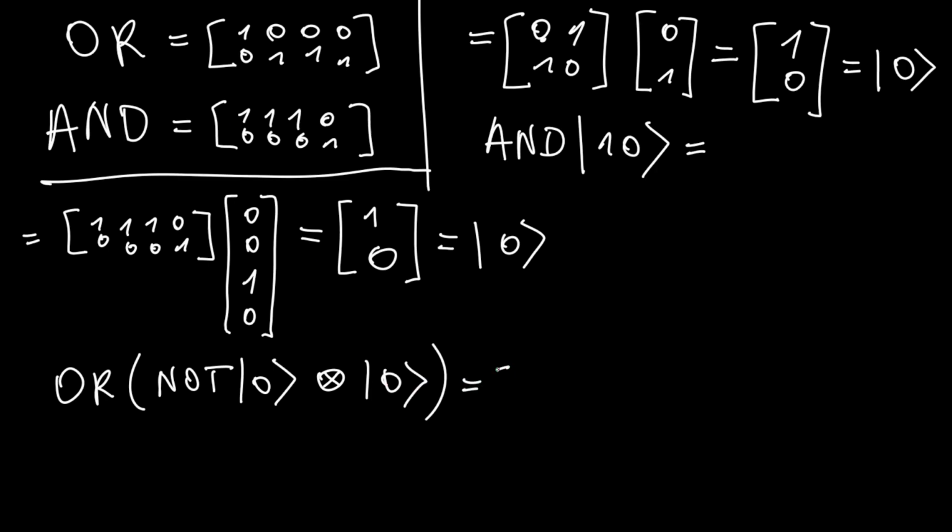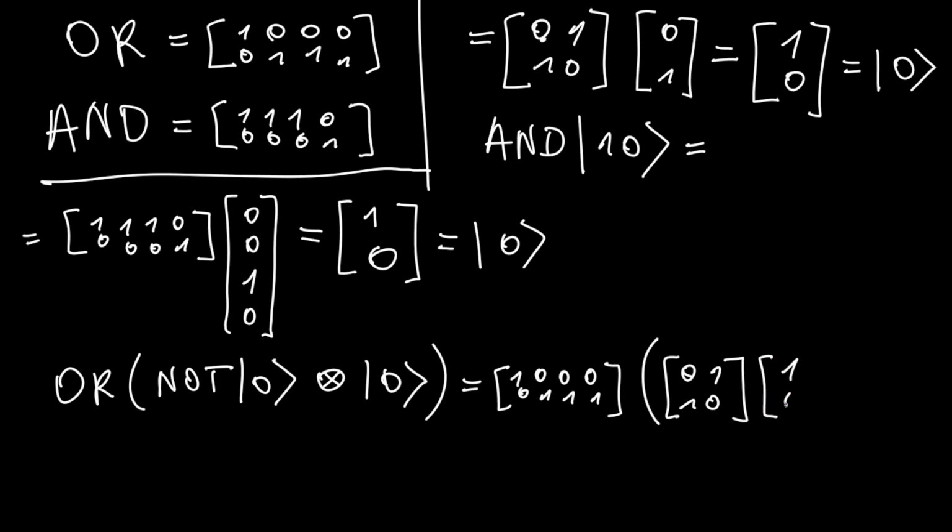So our OR gate is 1 0 0 1 0 1 0 1. Oh, sorry, the NOT gate, right? NOT gate is 0 1 1 0. 0 is 1 0, and then tensor product 1 0. There we go.